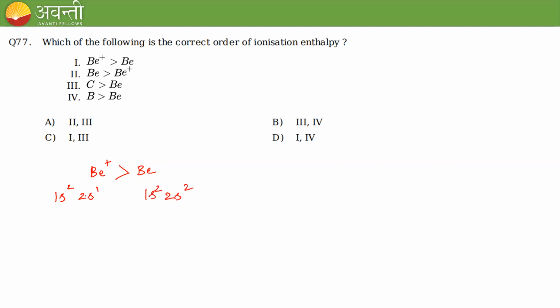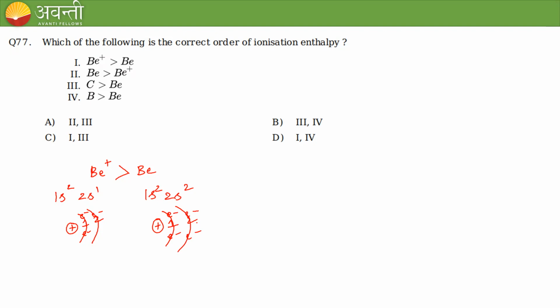Now, here if you see, after the removal of 1 electron, this is the first shell and this is the second shell. So in the second shell, we have removed 1 electron and we have only 3 electrons here. Now for beryllium, we have 2 shells, number 1 and 2, and in both shells we have 2 electrons.